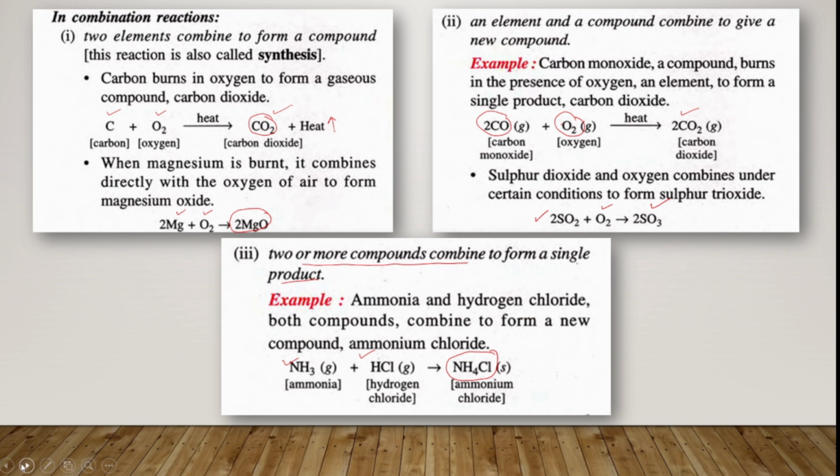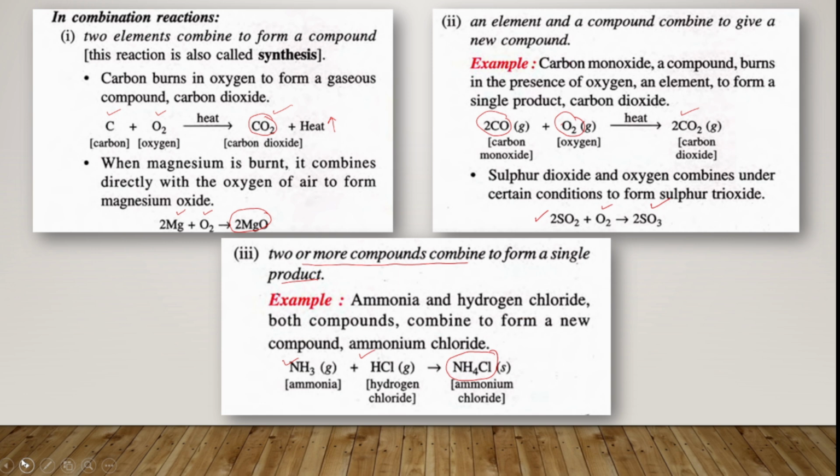Hope you have understood the different characteristics of chemical reactions, and how we can understand whether a chemical reaction has taken place or not. Then we started the different types of chemical reactions. First we studied combination reactions, and we saw 3 types. In the first type, 2 elements combine to form a compound.